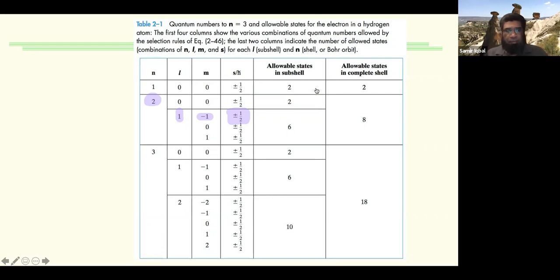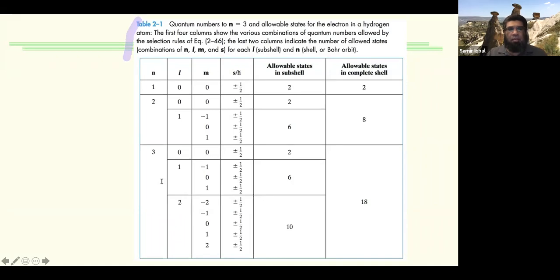All right, so let's see. In table 2-1, we see that there are various combinations, and those combinations can help us make sense of which electron has what combination of four quantum numbers.